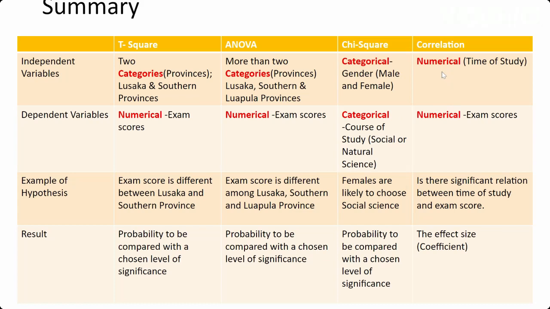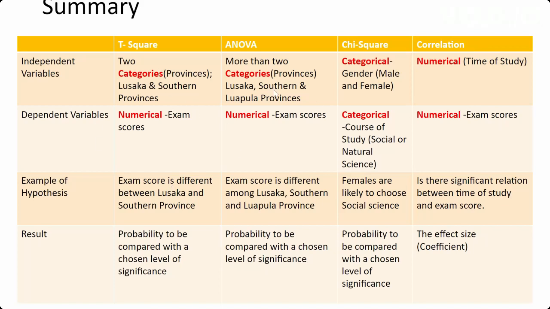And then when you have numerical independent variable and numerical dependent variable, you use correlation. In this case, we had the numerical independent variable, which is time of study, and the numerical dependent variable, which is exam score. We used correlation.